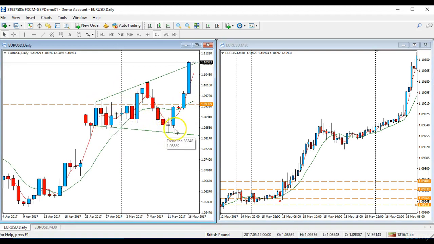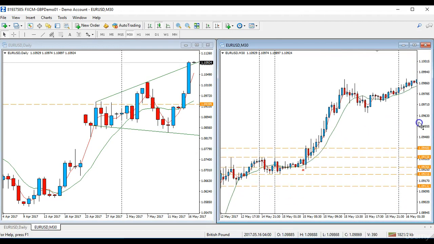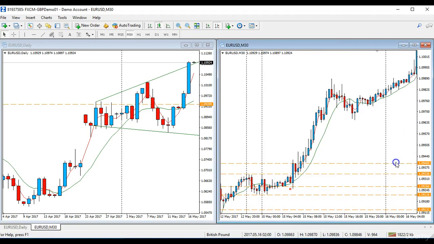You find where price is going to start moving with momentum, and then you go down to the lower time frames and find ways of entering the market with a low risk entry, and you go for a high reward. All my trading systems are based off that principle: to find these low risk, high reward entries into the daily or 4-hourly or monthly momentum, so that you will make a profit overall on your trades.